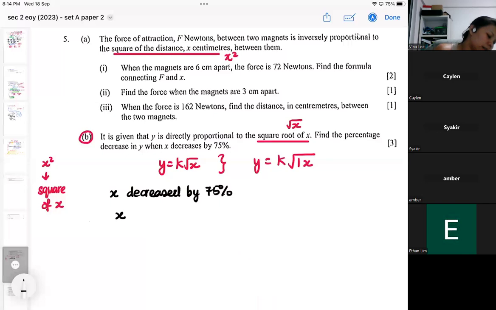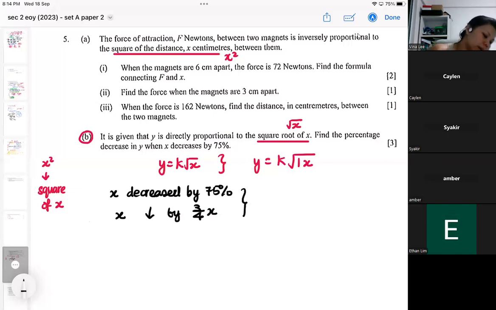That means x will decrease by 3/4 x. 75% is 75 over 100. So it's like your parents cutting your pocket money by 75%. Your parent is going to take away 3/4 of your current pocket money. So x is decreased by 3/4 x.